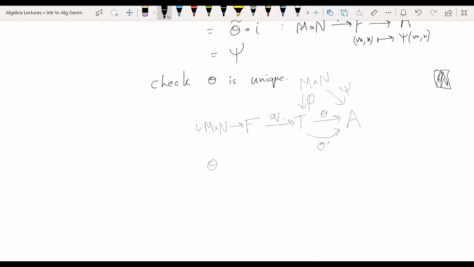A typical element in T looks like theta of the summation of r_mn times (m, n) bar. So it's generated by (m, n) bar. If I show that theta of (m, n) bar is the same as theta prime of (m, n) bar, then we are good.